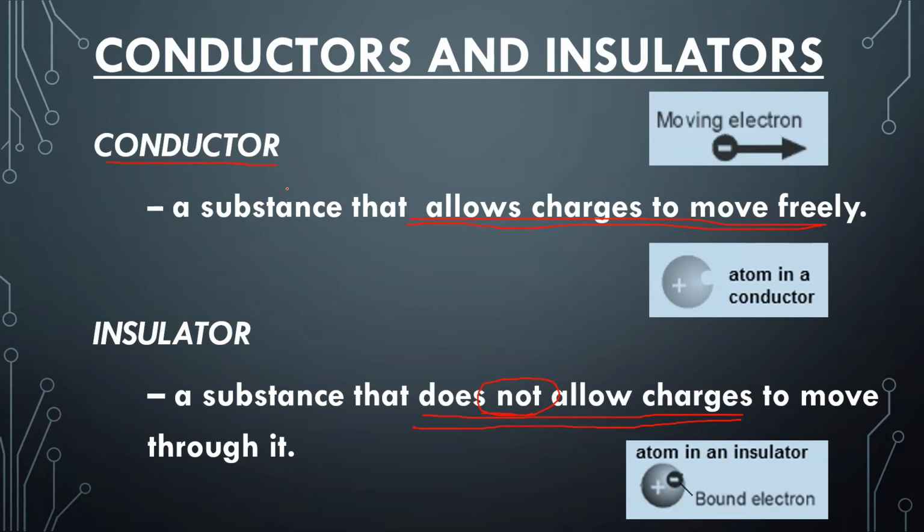For insulators, we have rubber, wood, and other types of insulators. So that is the difference between a conductor and an insulator. I repeat, a conductor allows charges to move freely, and insulators don't allow charges to move through them.